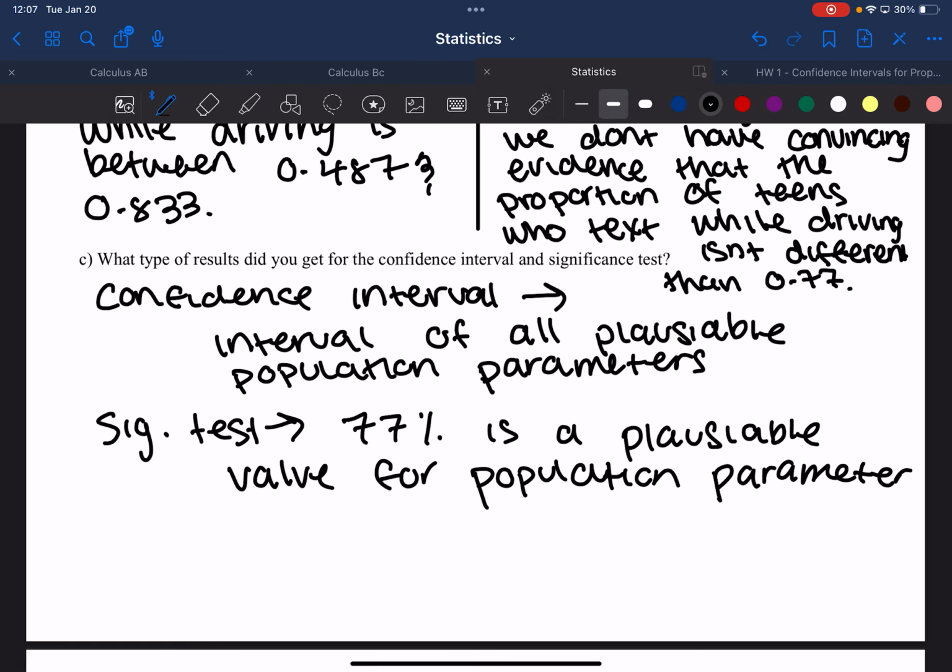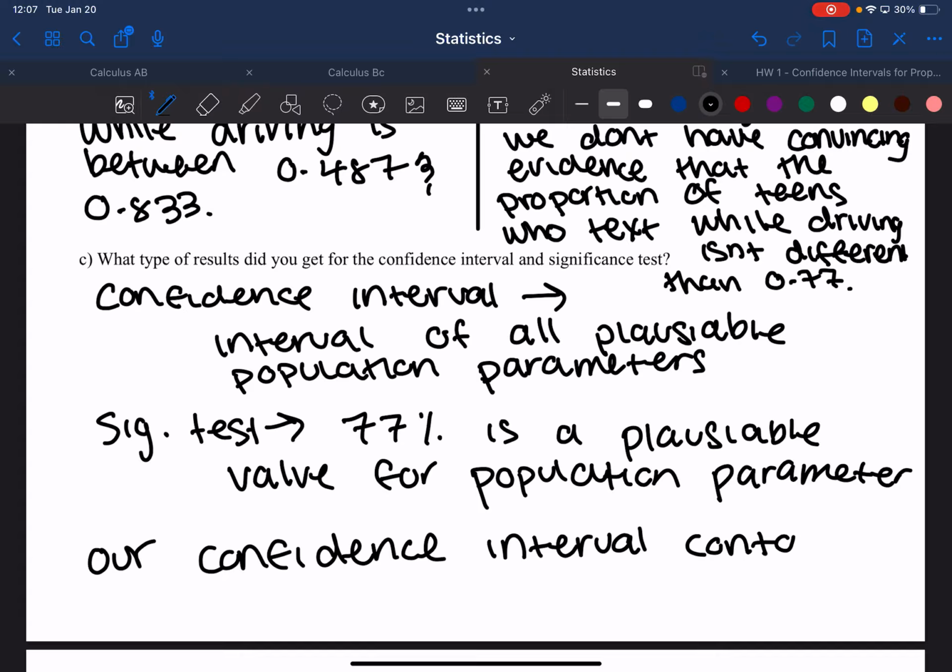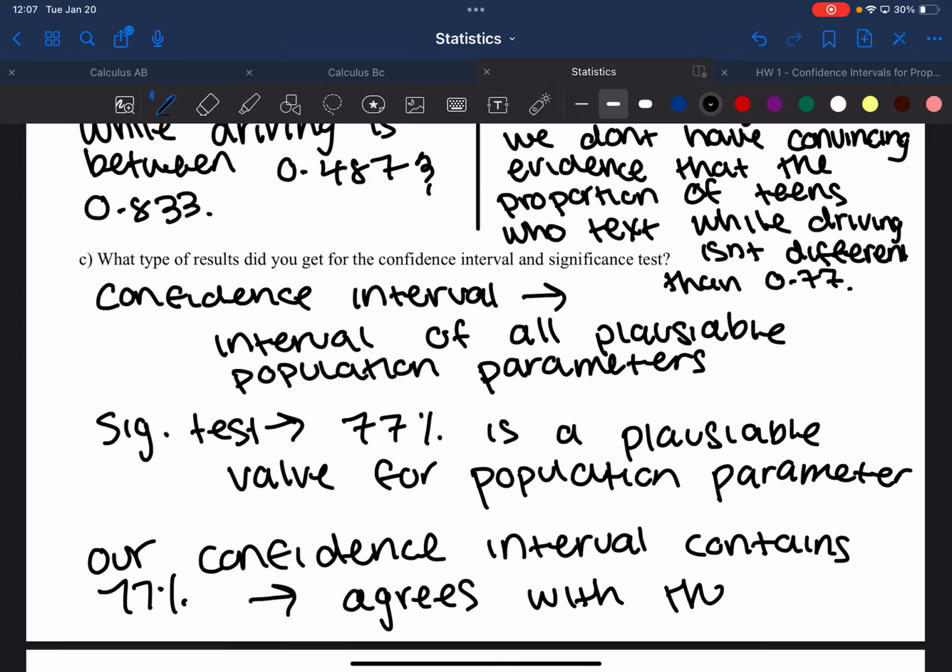If we look at that 77%, would you say that it is inside or outside of our confidence interval? It's inside, right? So we can say our confidence interval contains 77%, which means that it agrees with the significance test.